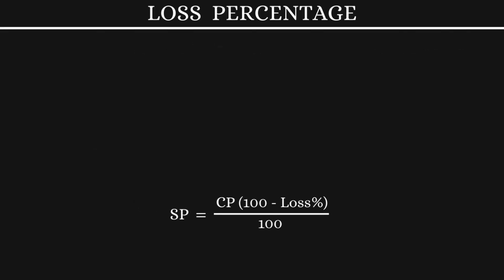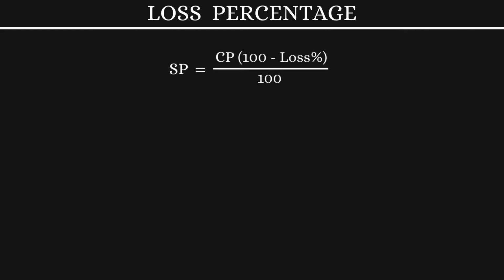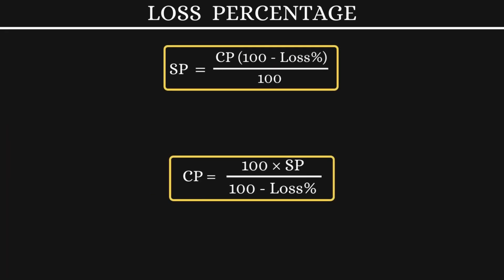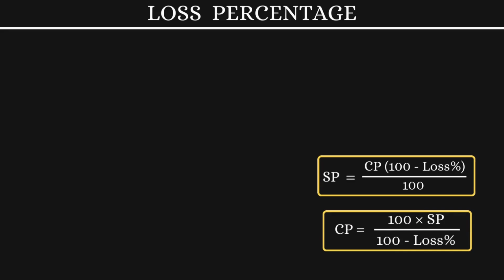Using this formula, let's find out the expression for cost price as well. Moving the 100 to the other side, we have selling price into 100 is equal to cost price into 100 minus loss percentage. From this, we get cost price is equal to 100 into selling price divided by 100 minus loss percentage. Using these two formulas, let's solve two more questions.